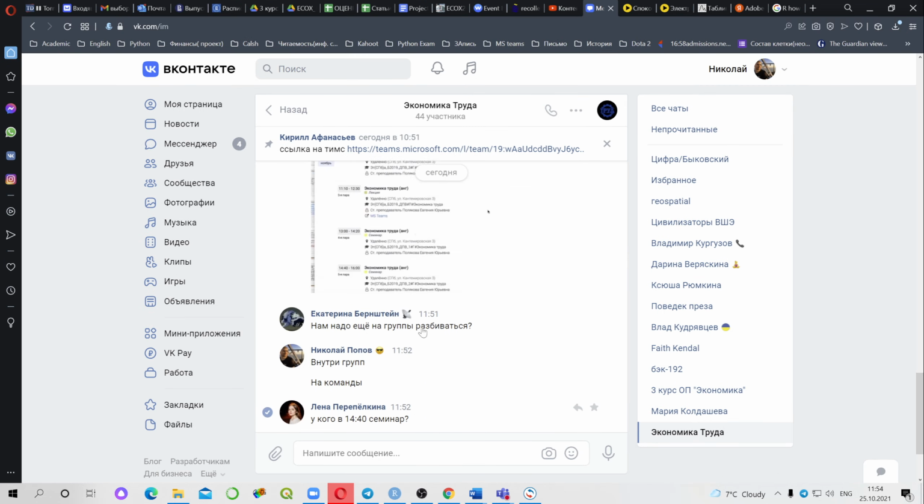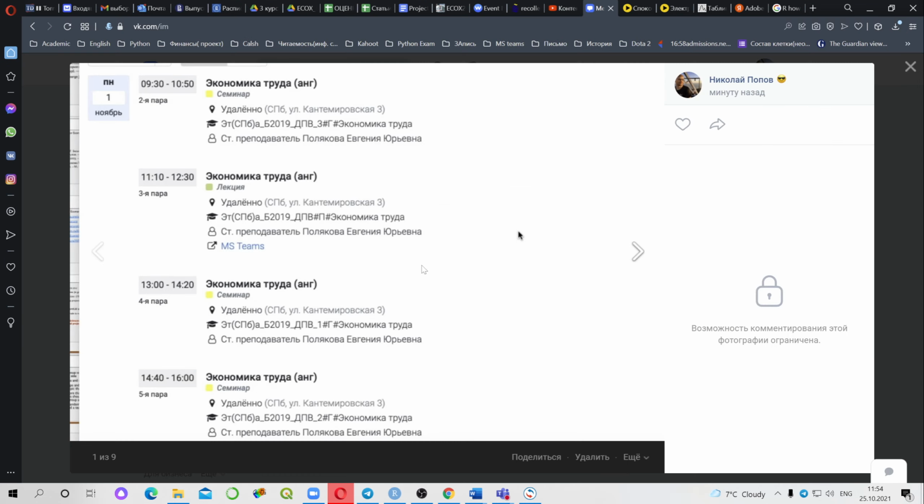Based on these time slots, no more than 8 teams must be formed in each group, but if you want, you can be in a group with people from the seminar at another time.